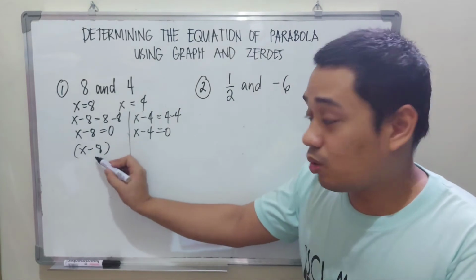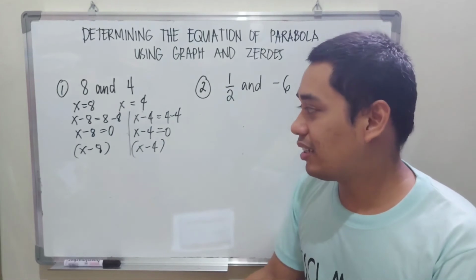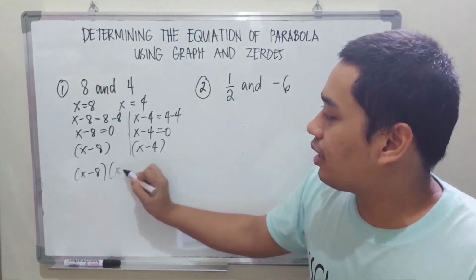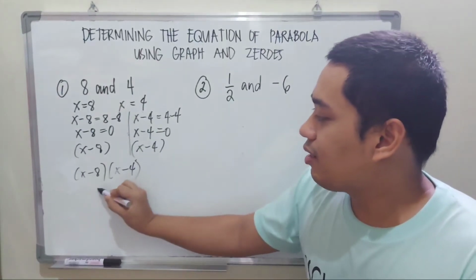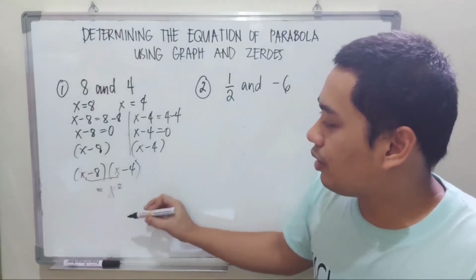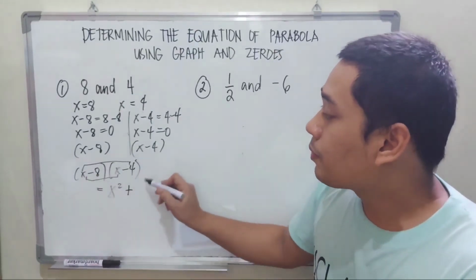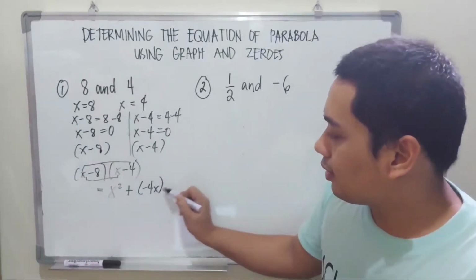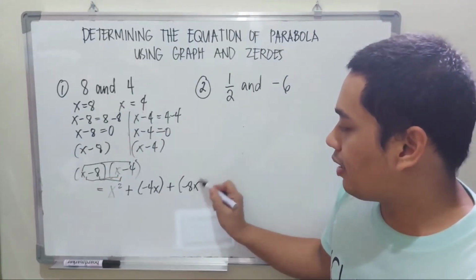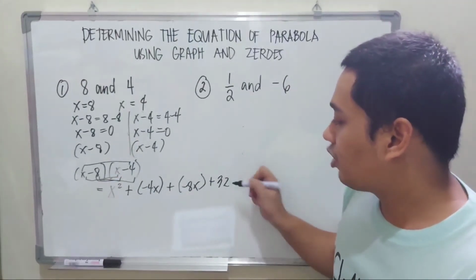x minus 8, enclose it with a parenthesis, and x minus 4. The final step is to multiply them. So x minus 8 times x minus 4 is equal to the product of the first terms, x squared, plus the outer terms, negative 4x, plus the inner terms, negative 8x, plus the last terms, which is positive 32.